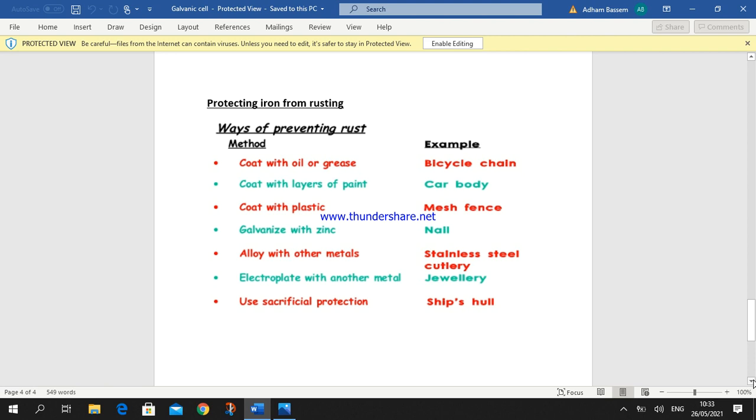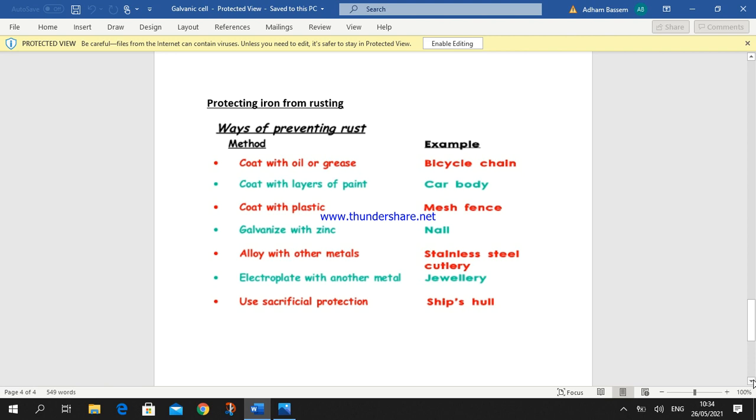The second method is known as the sacrificial method, and that occurs by adding a more reactive metal to the iron, such as aluminium or zinc. So if the object is exposed to oxygen, what happens? The more reactive metal will be oxidized instead of iron. The example that uses both methods together is known as galvanizing, which depends on coating the object with a layer of zinc.